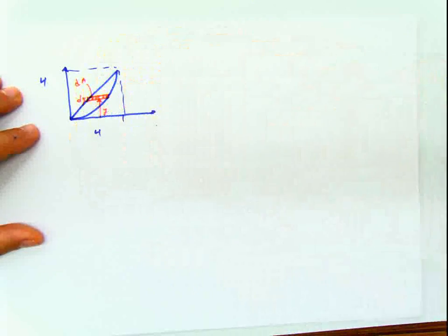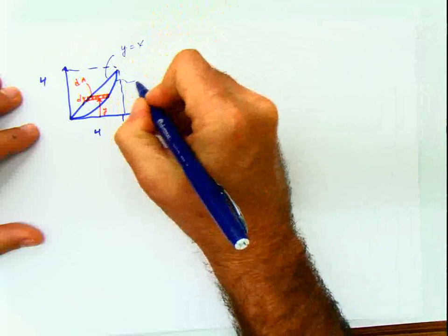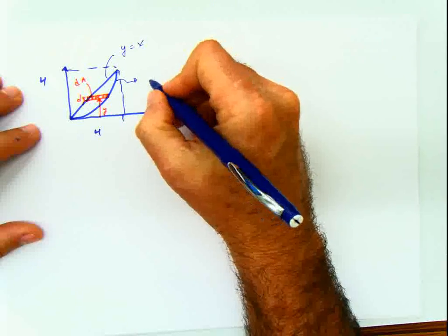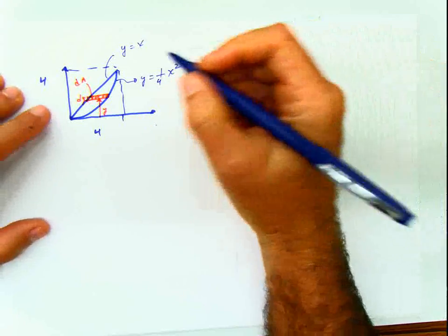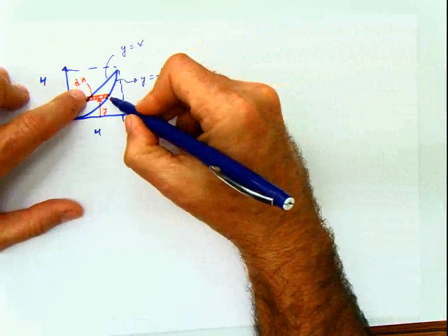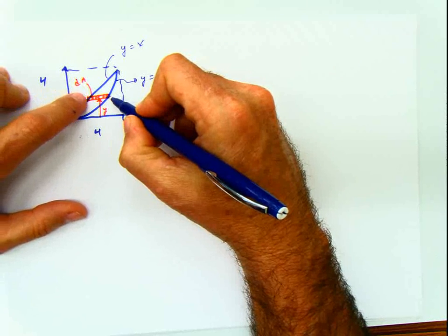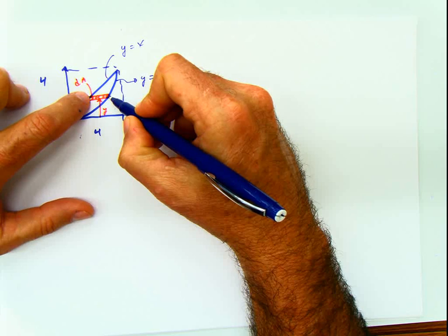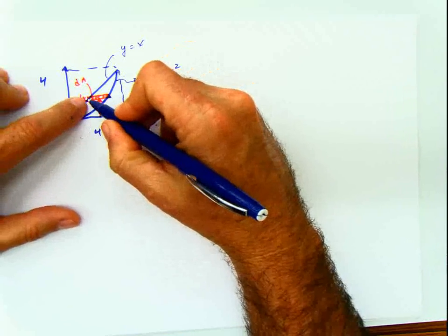But now remember, this equation was y equals x, and this equation was y equals 1/4 x squared. Now my differential of area in this occasion is defined by this x minus this x, because it's delimited by the parabola minus the straight line.